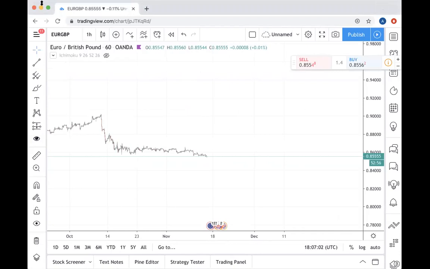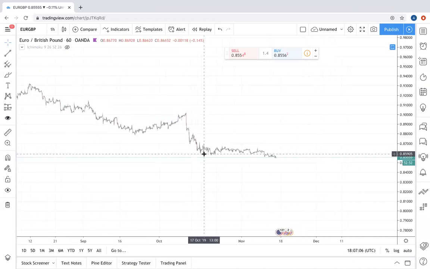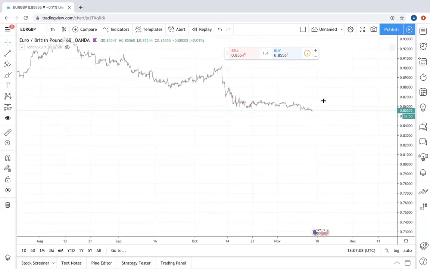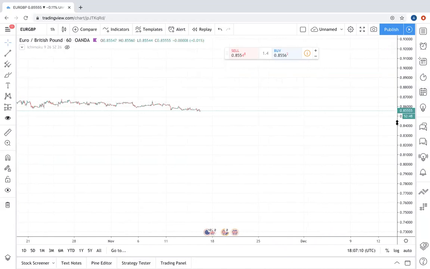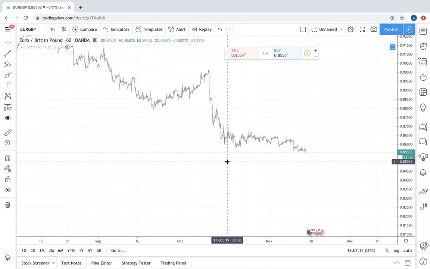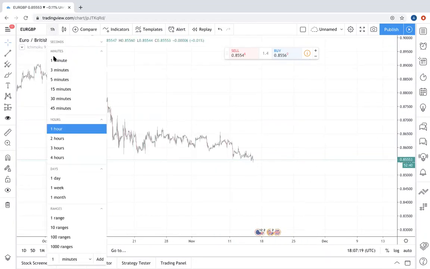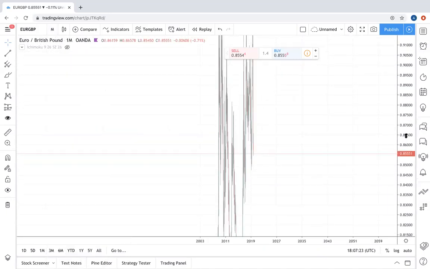Okay. So yeah, you would never catch me starting off my analysis right here. I don't care if somebody called the Euro GBP trade. I'm not starting here. This is the 1 hour. You would never catch me checking if I should get in a trade like this. I'm always going to go to a higher time frame first. I start off on the monthly.